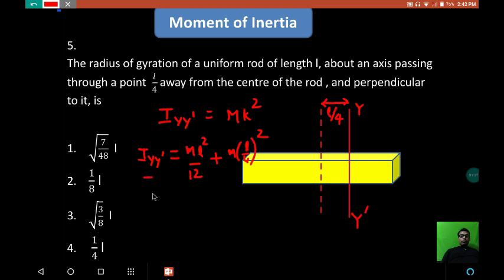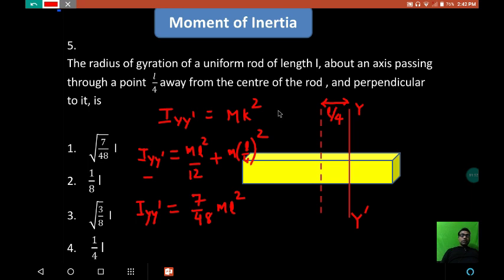Now we simply solve it as 7 by 48 m L square. This is I y dash.